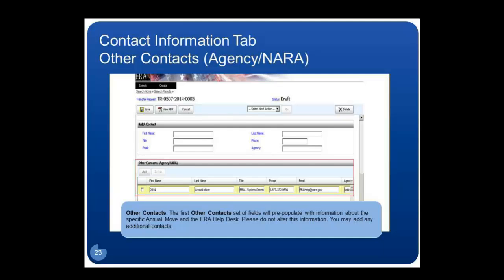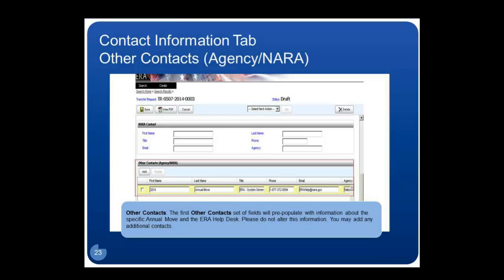Do not bother this data. You use this data and we use this data, when we're searching, way back to the beginning of our conversation, in ERA, to find a specific annual move. If you take this out, it disappears from our search results. It disappears from your search results when we're looking for a specific annual move, okay?